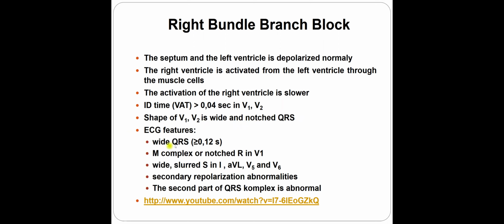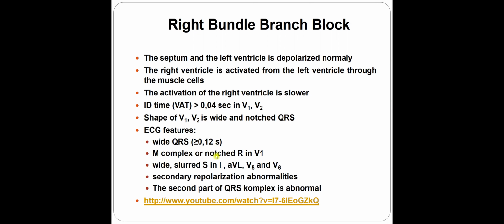Now, by talking about bundle branch blocks, if the QRS is wider than 0.12 seconds, you have a complete bundle branch block. However, if the QRS complex is not wider than 0.12 seconds, but you have the typical pattern of a right or left bundle, that's called an incomplete block.